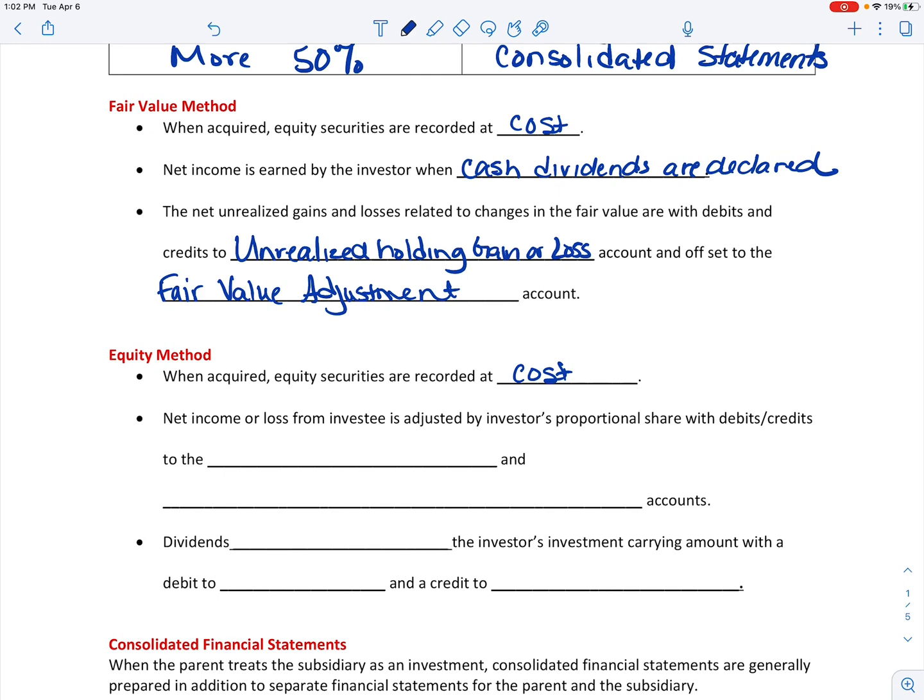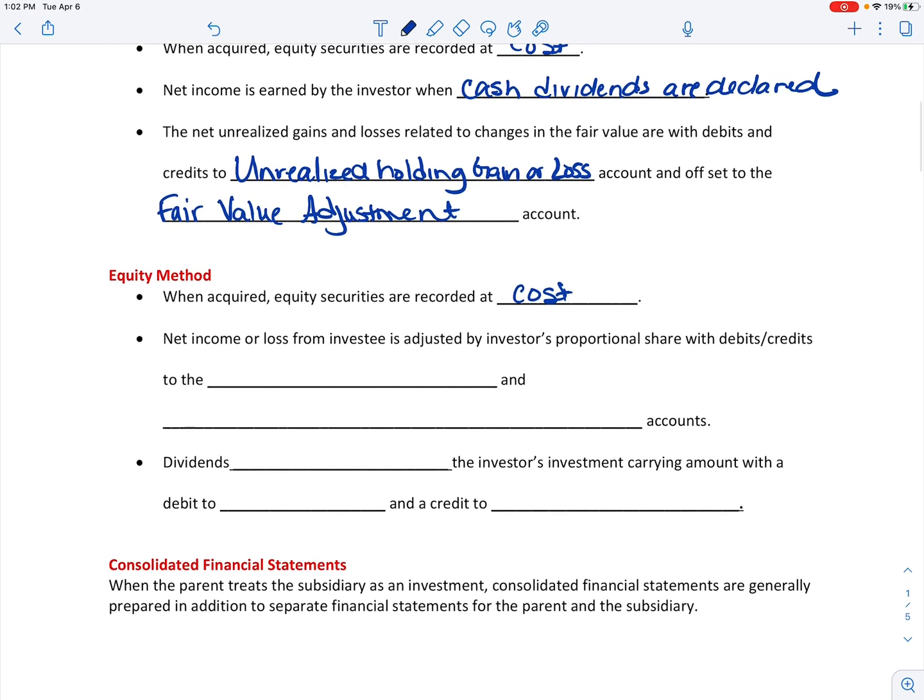The net income or loss from the investee is adjusted by the investor's proportionate share with debits and credits to the equity investment account and the investment income loss account.